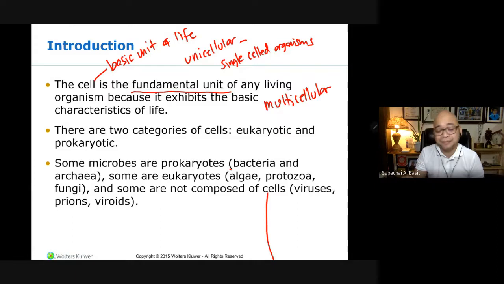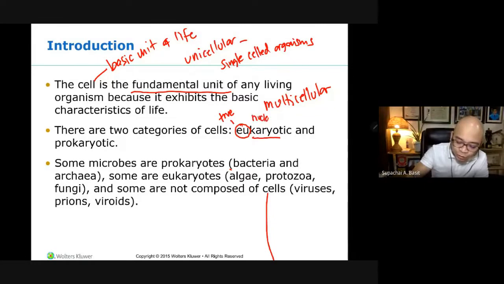Now, as regards the categories, there are two main types of cells, which I have already introduced way back in the introduction. So we have the eukaryotic and prokaryotic. Again, the term "eu" means true, while the term "karyo" refers to nucleus.